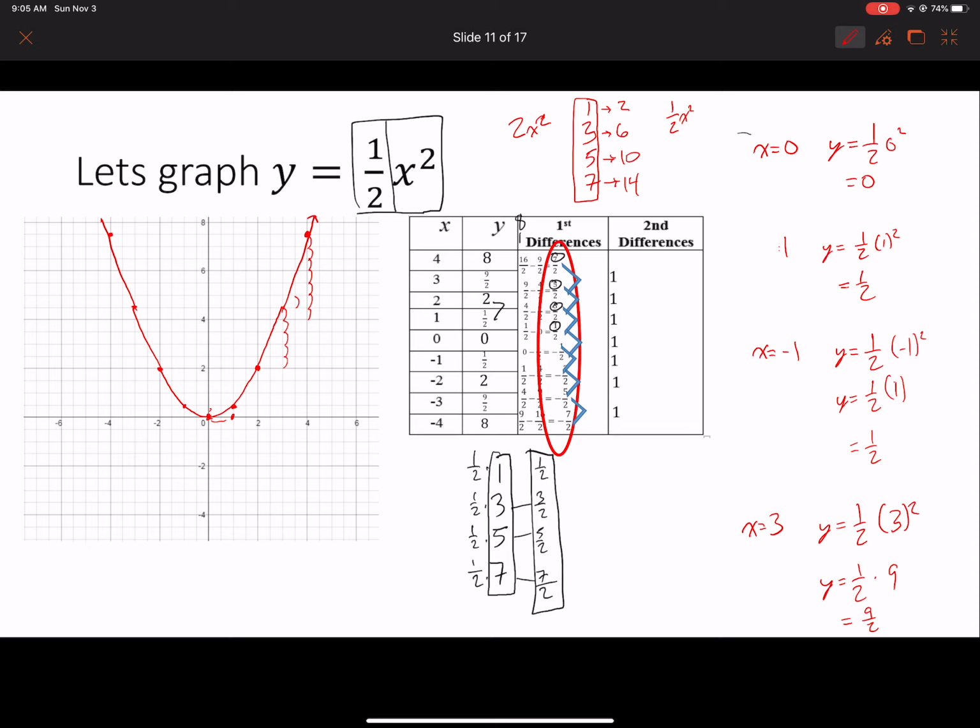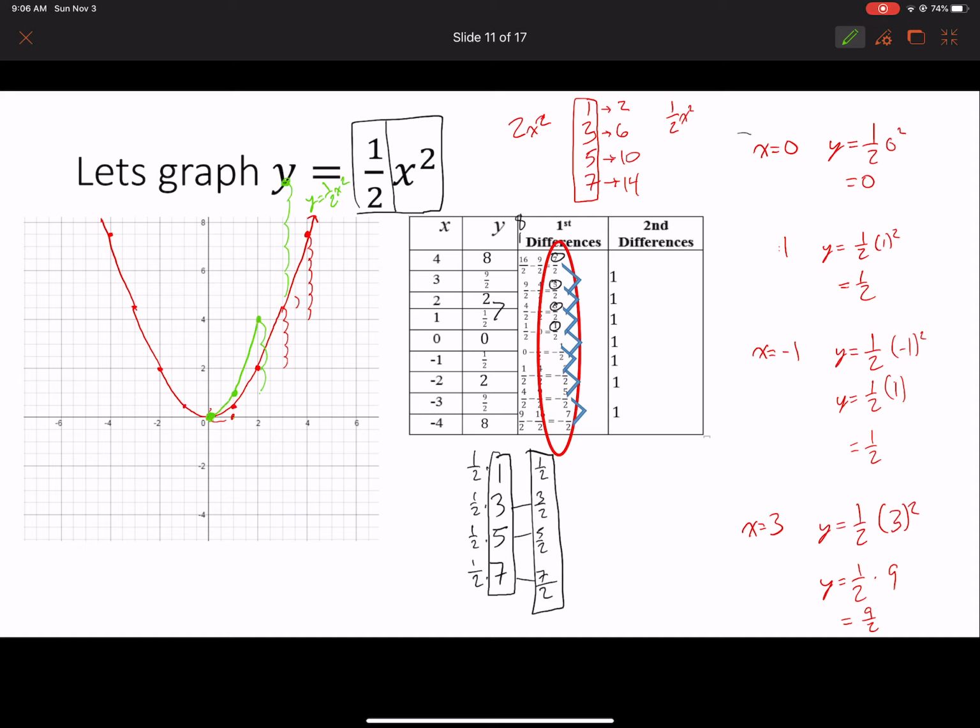If you're curious of what the regular graph looks like, the regular graph starts at 0, 0. This is y equals half x squared, what we just drew. The regular parabola actually looks like the following. One step. Then the next step is 1, 2, 3. Then the next step is 5. 1, 2, 3, 4, 5.